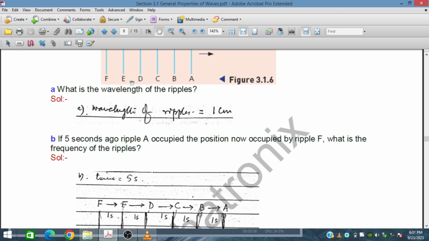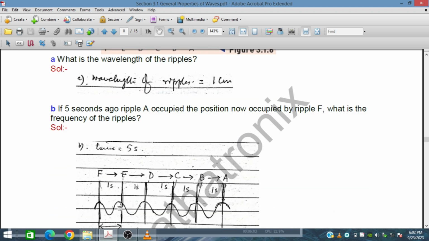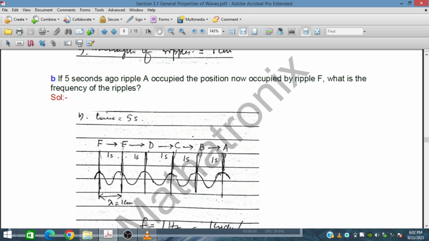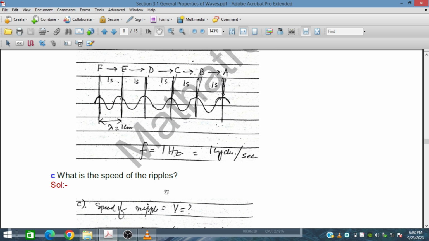I've demonstrated everything, because this bar is this, and the crest is this point. So you draw this, and we can easily understand that the frequency is one wavelength in 1 second, or 1 hertz. What is the speed of the ripple?